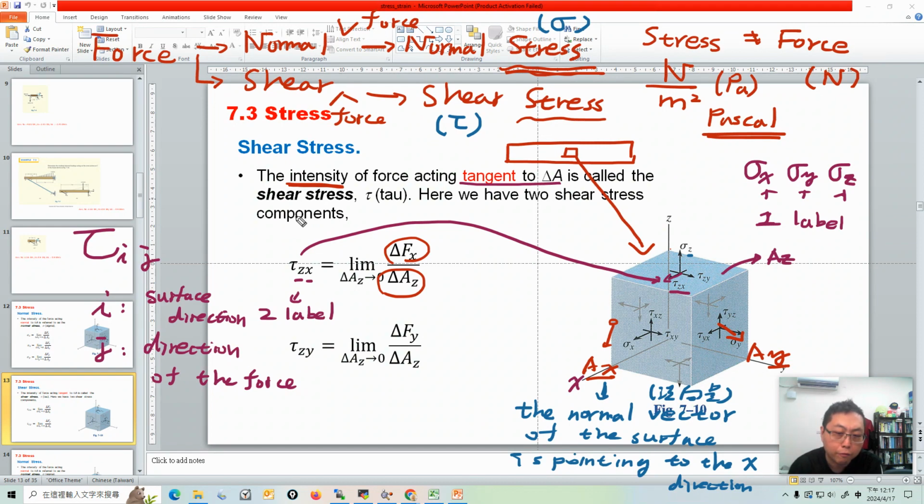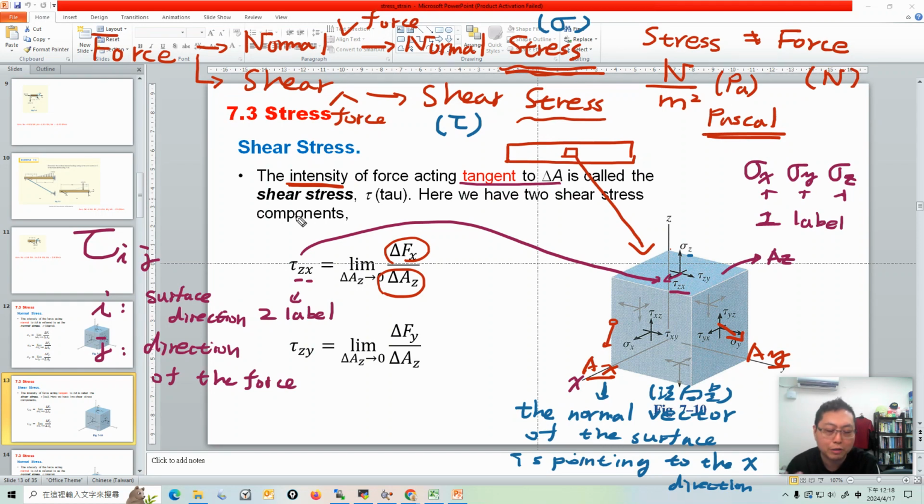So the difference between normal stress and shear stress is just the direction, and you need to get familiar with that concept, because I'm not sure whether your first year physics or other courses talked about shear stress or not. You should convince yourself of this concept.